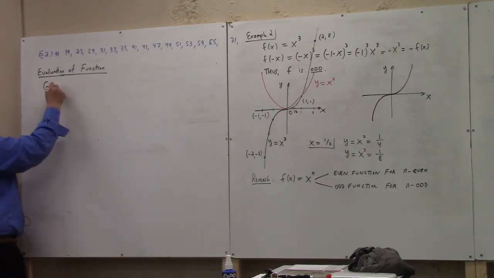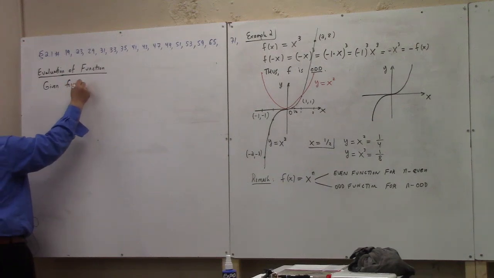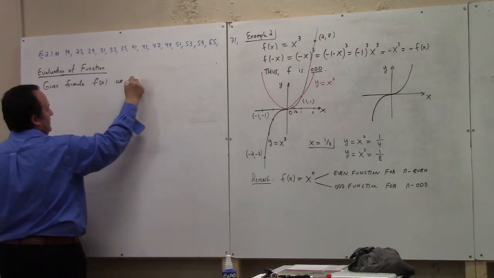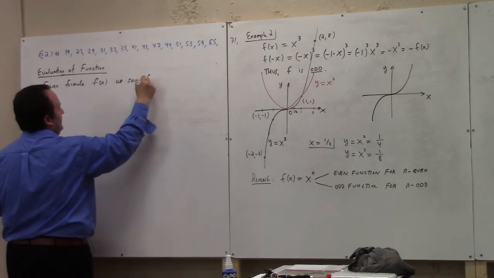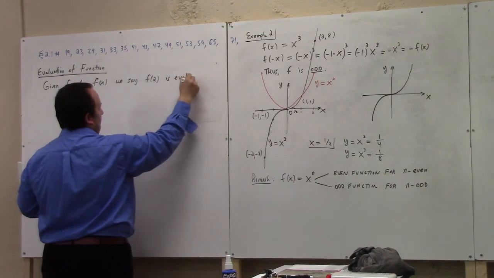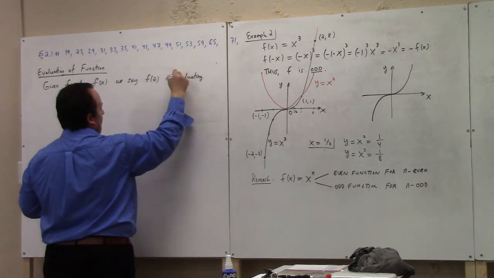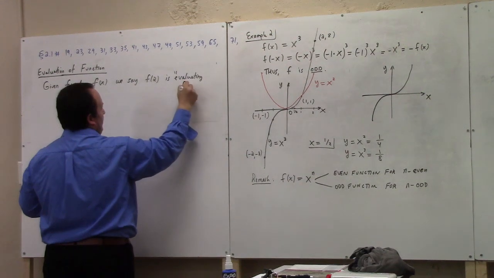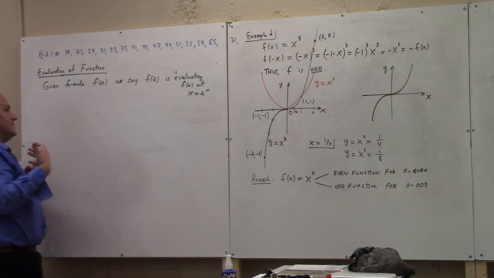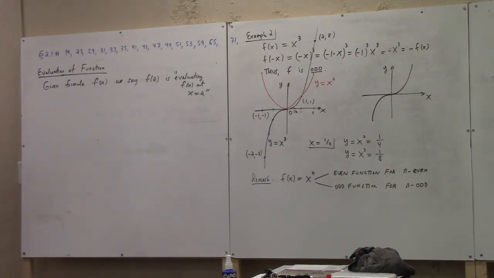Given formula f of x, we say f of 2 is evaluating f of x at x equals 2. In other words, evaluation is just a word for saying you plug in the value into the function, all right? But we don't just plug in numbers, we can also plug in expressions.